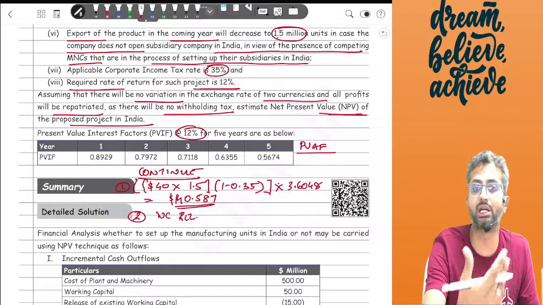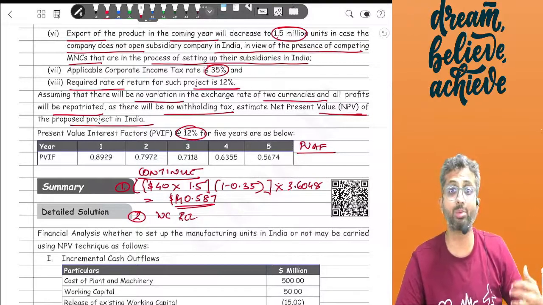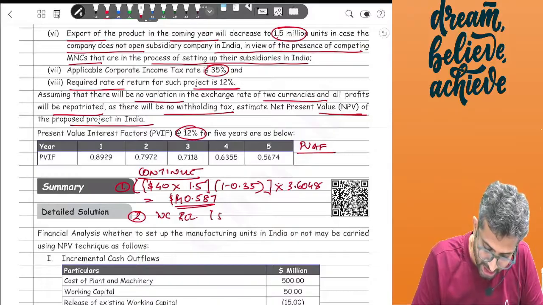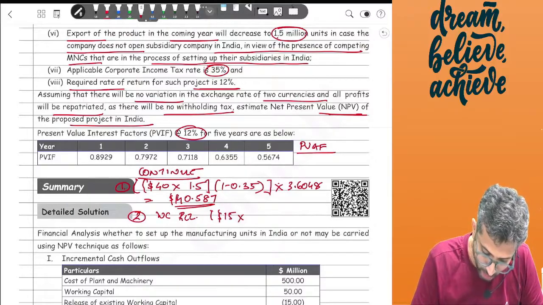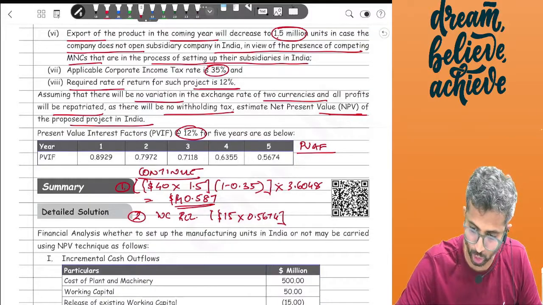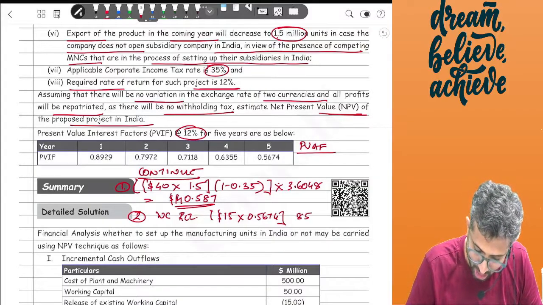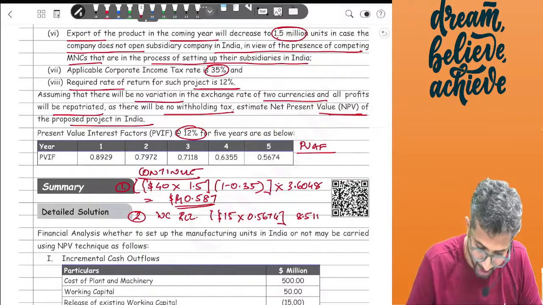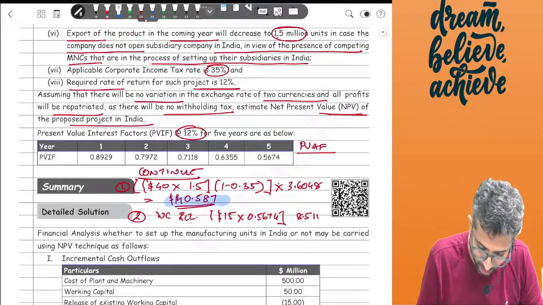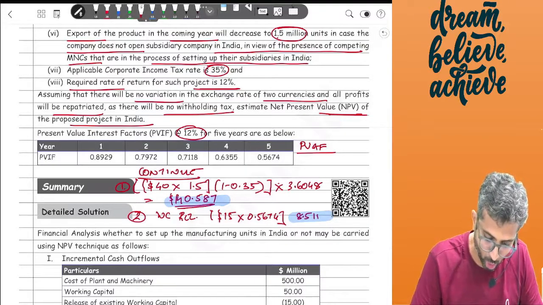We did not consider it as a cash outflow because it was already invested. However, this will now be released, and hence this 15 into the last year, 0.5674, which is also a cash inflow. So this is 15 into 0.5674 comes to 8.511. So if I total both of these, 140.587 and 8.51, this will come to around 149.